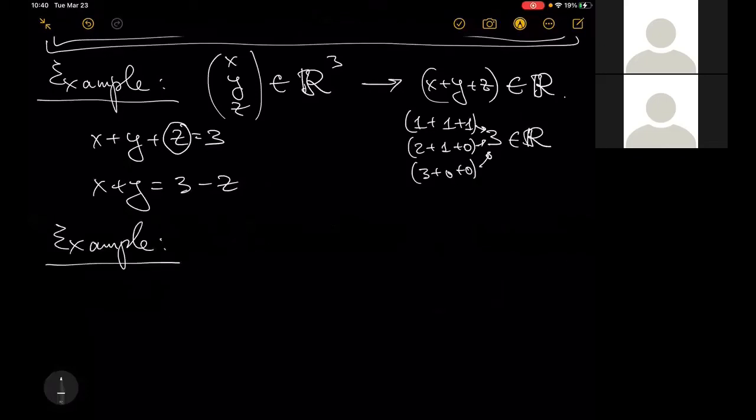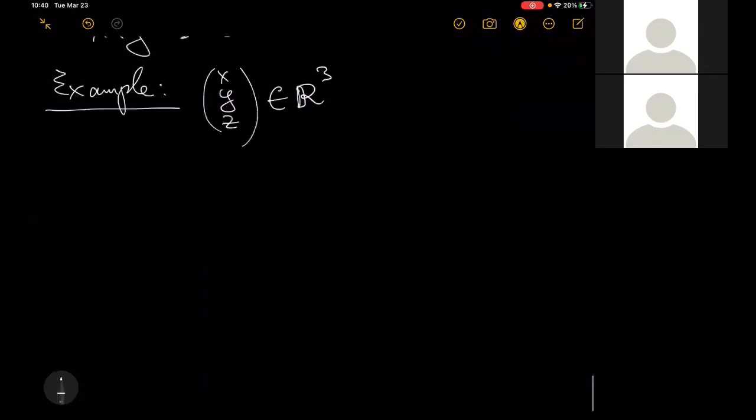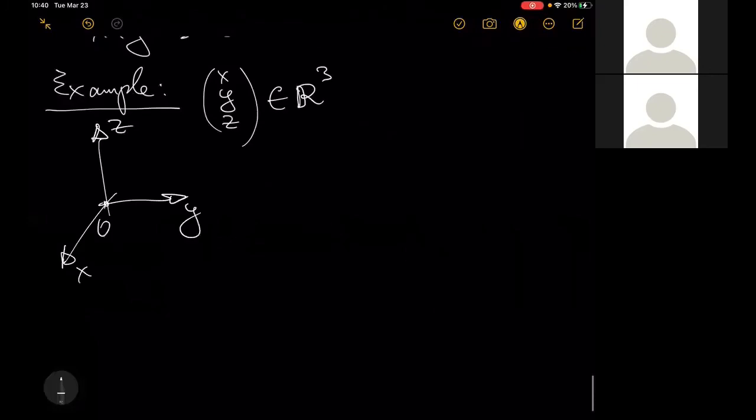Another example is a projection map. For example, if I start with x, y, z, which belongs to R3, right? So have a look. Here is my vector x, y, z.